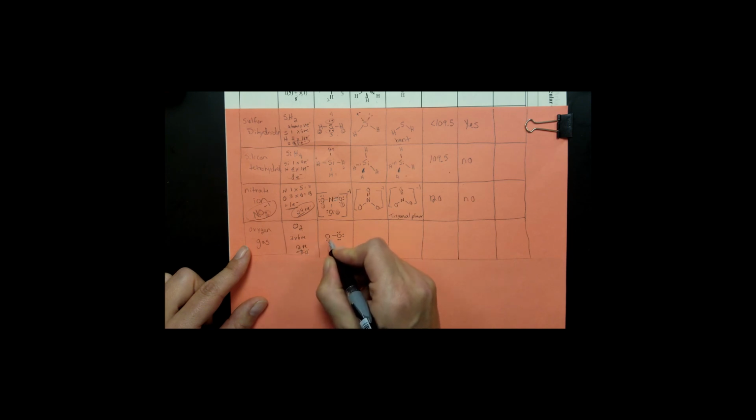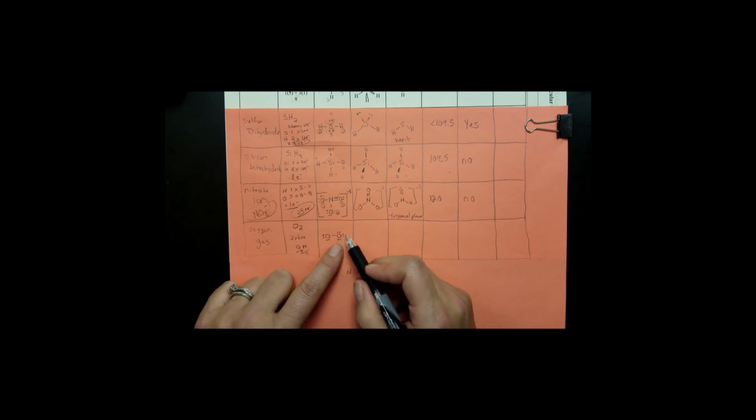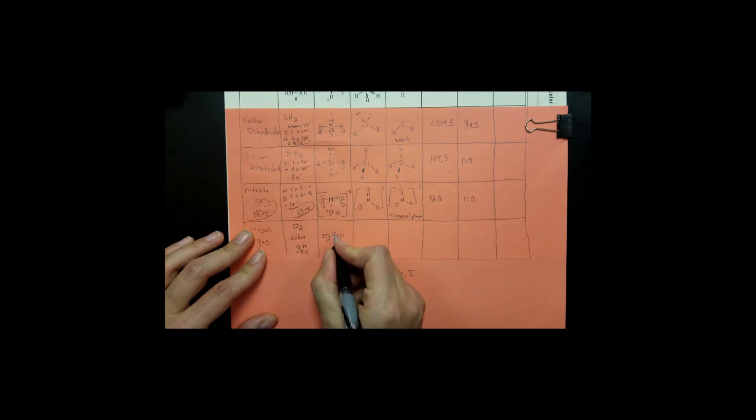So I'm going to take my remaining 4 and put on this oxygen. But this poses a problem because one oxygen's happy with 8, the other only has 6. So to make this other guy happy, I'll take a lone pair and make a double bond. So let me erase that lone pair and put it as a double bond. So now both oxygen atoms are happy.